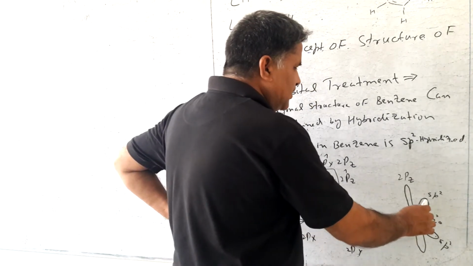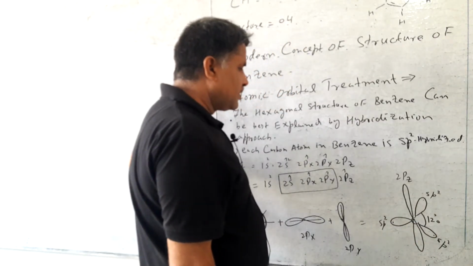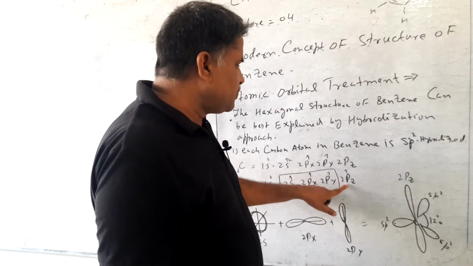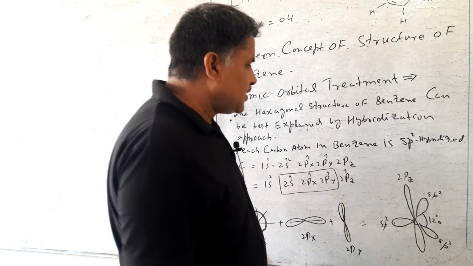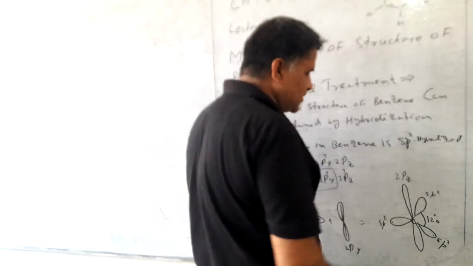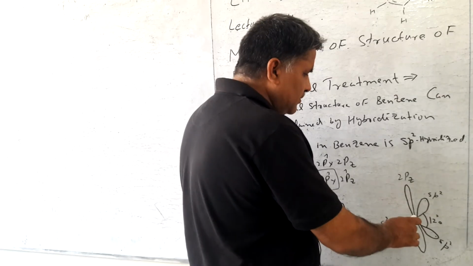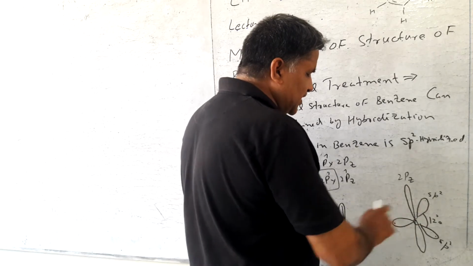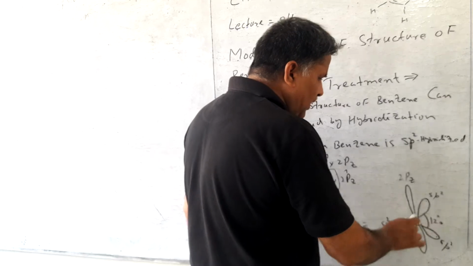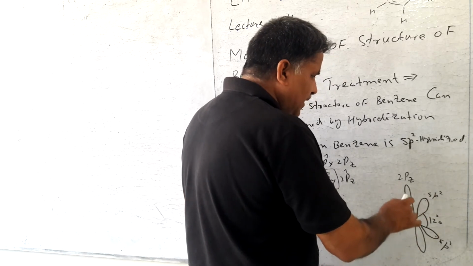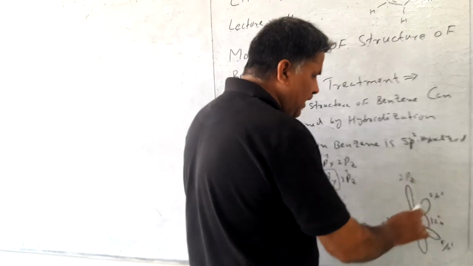They are all in one plane. They are all coplanar. And the 1 2pz orbital, which does not participate in hybridization, is perpendicular to these orbitals. Now in benzene, each carbon atom in this state has sp2, sp2, sp2, all of which are half-filled, and the 2pz which is perpendicular to these hybrid orbitals.